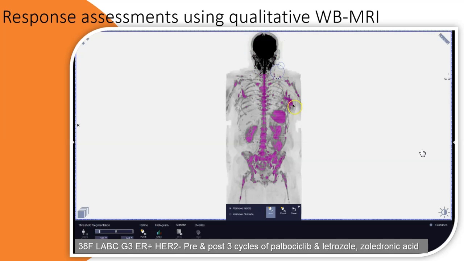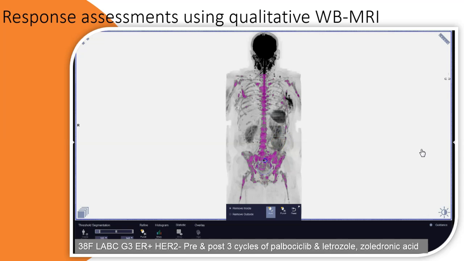Again, we remove the head, the responding disease in the left axilla. We will then remove the kidneys. We're almost done.